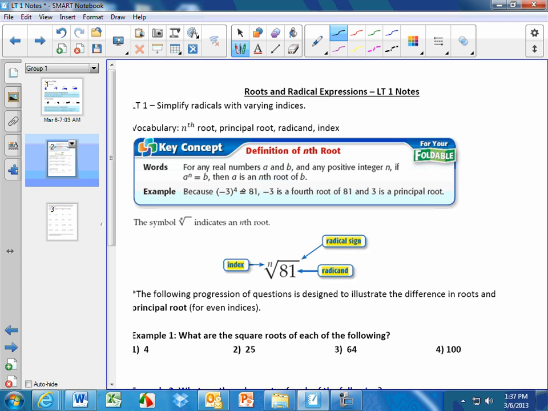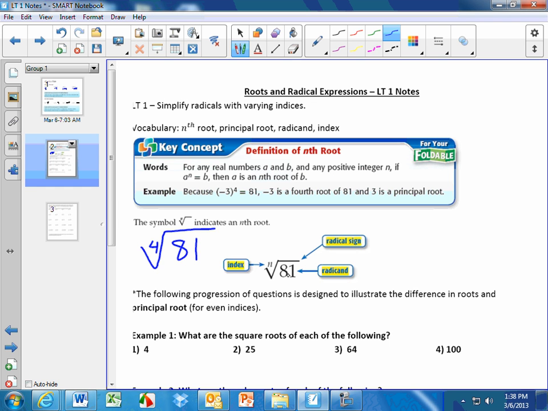There's a couple other words that we're going to use, as you can see in this diagram. We've used the word index, kind of, the n right here. Well, in the example up here that they gave us, the fourth root would look like this, the fourth root of 81. Well, we'd have to choose between the 3 and the negative 3 later.